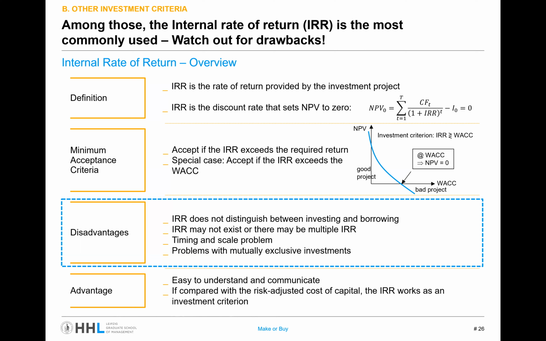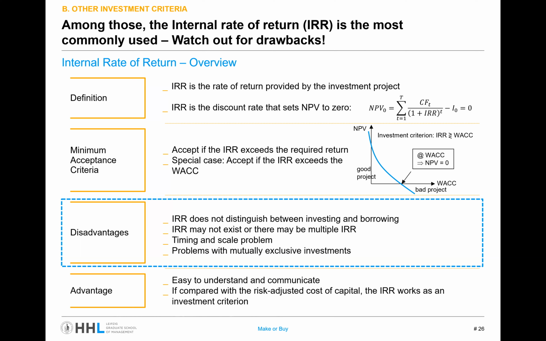Why? Because the discount rate tells us what my best alternative is, or how much my investors are expecting. And the IRR tells me my average annual return from that investment. If this is lower than what is expected in that risk class, then I shouldn't do it. And from that end, whenever we are talking about independent projects, the IRR also delivers very reliable results, just the same as the NPV.